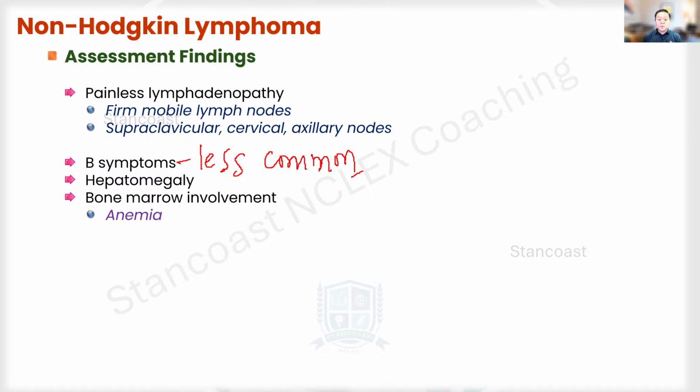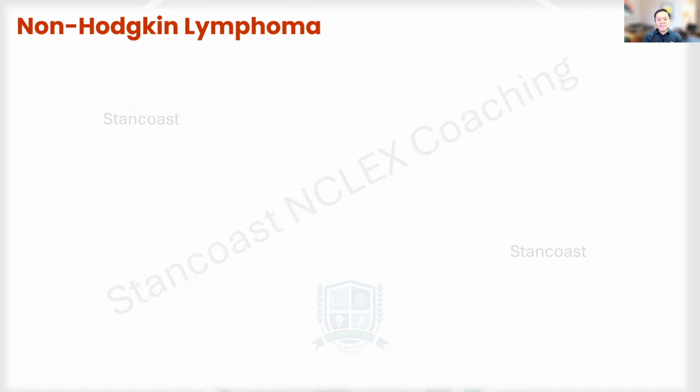Their hemoglobin will be critically low. Their white blood cell count, the leukocytes, the neutrophils will also be decreased. And the patient here will be prone to getting the opportunistic infections, and the patient will be prone to developing bleeding tendencies because of the thrombocytopenia. Okay, so don't forget about the 3 blood groups that will be affected whenever there is bone marrow involvement with a NHL.